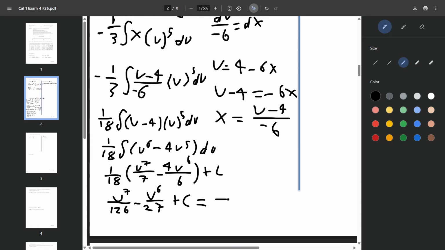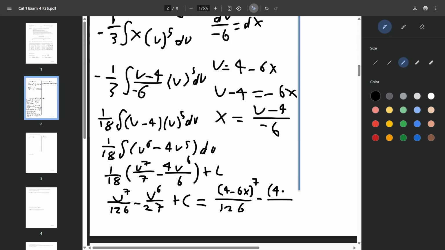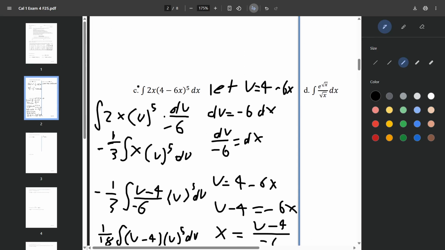So our final answer will be x to the power 7 over 126 minus 4 minus 6x to the power of 6 over 27 plus c. And that is our final answer for C.